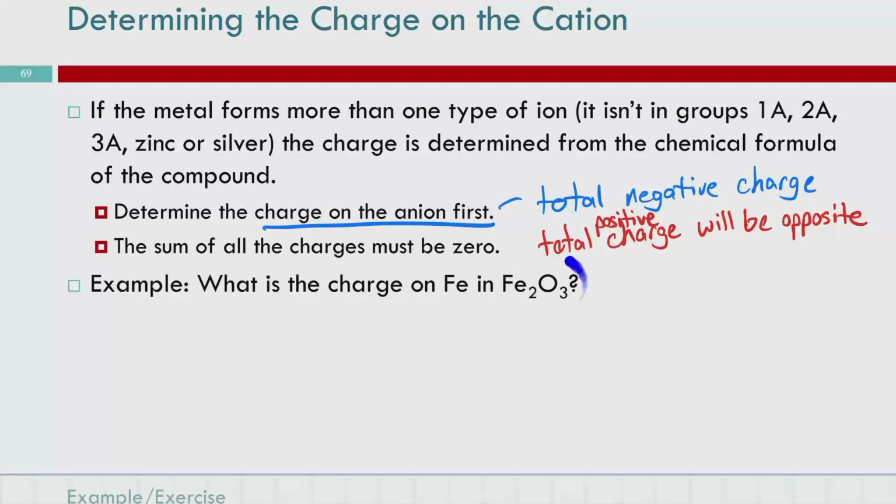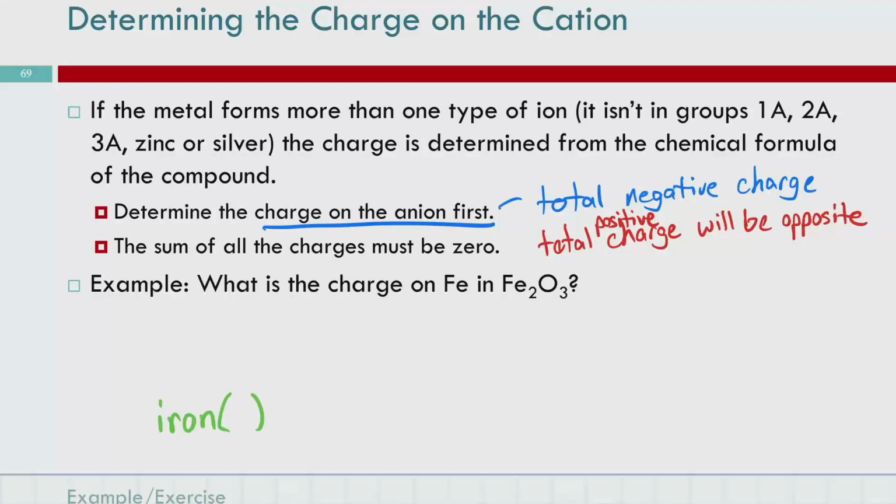So quick little example, Fe2O3. We know that Fe is iron. So if we wanted to start naming this, we can actually write out most of the name. So iron, do we know what the charge is going to be on iron? Not off the top of our heads. There's a couple of different options.